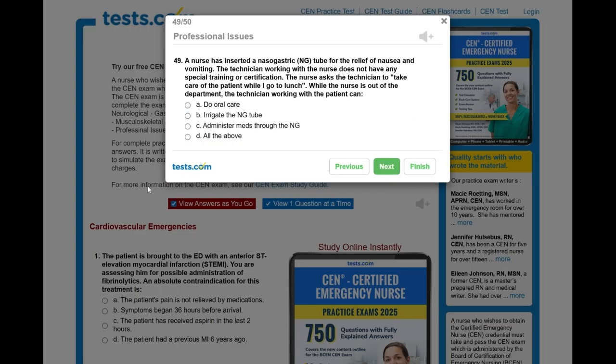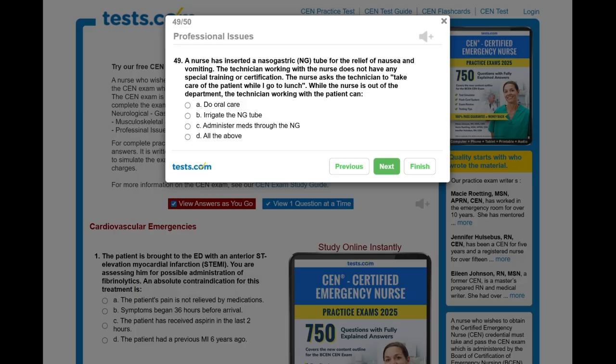Question 49. A nurse has inserted a nasogastric NG tube for the relief of nausea and vomiting. The technician working with the nurse does not have any special training or certification. The nurse asks the technician to take care of the patient while she goes to lunch.